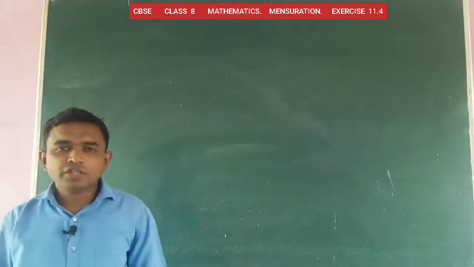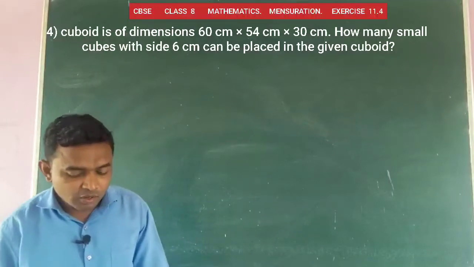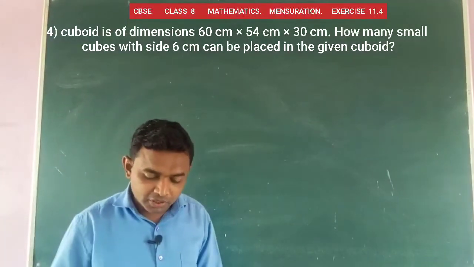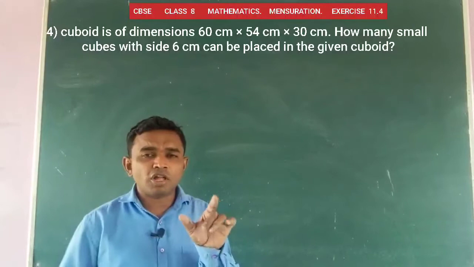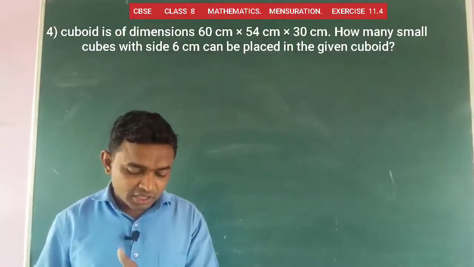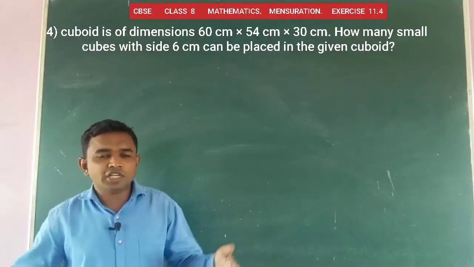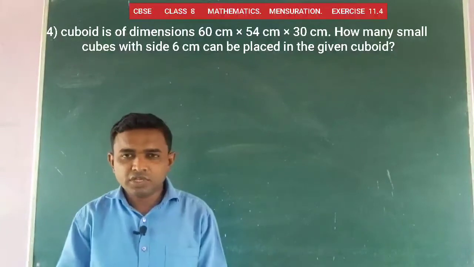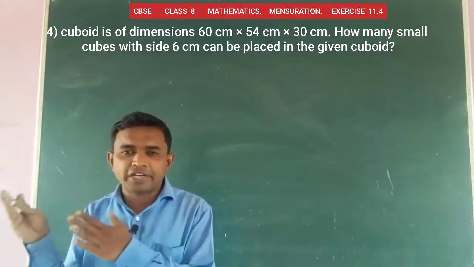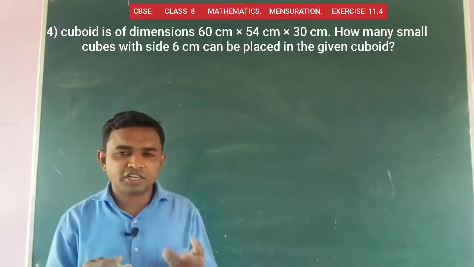Very easy examples. Now question number 4: a cuboid has dimensions 60 centimeter, 54 centimeter and 30 centimeter. How many small cubes having side 6 centimeter can be placed in the given cuboid? There is a cuboidal shaped box whose dimensions are 60, 54 and 30. 60 centimeter is the length, 54 is the breadth and 30 is the height.